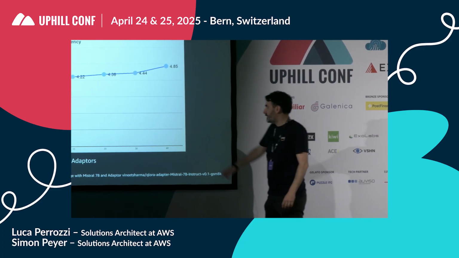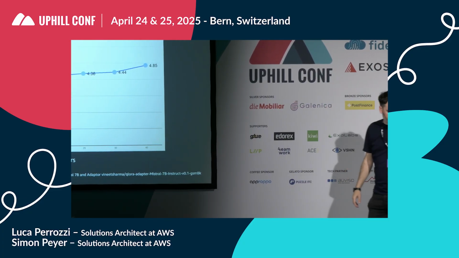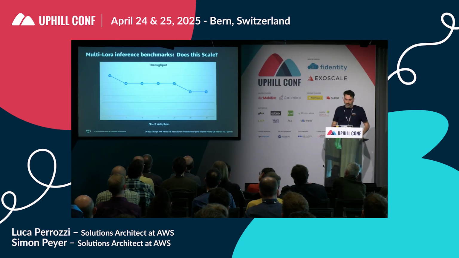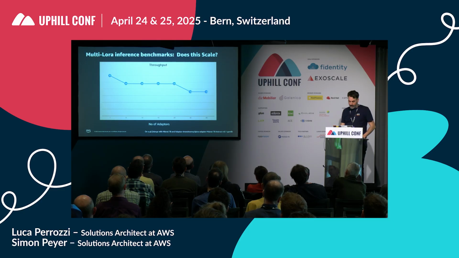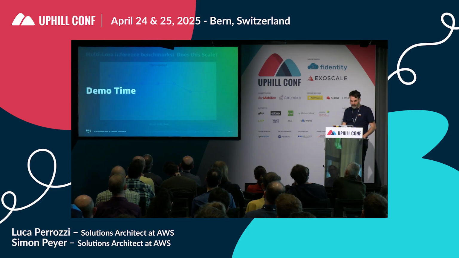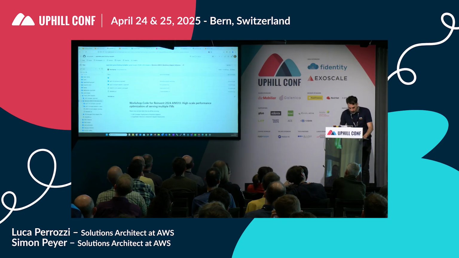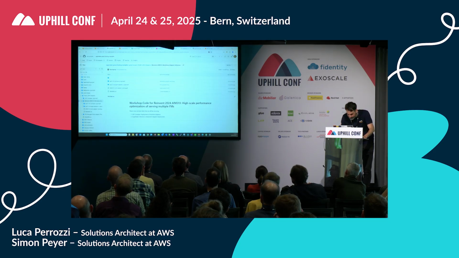And also the throughput, tokens per second, decreases a little bit, but it's still very, very efficient, so that you can load a lot of these adapters and still get very high throughput. Now, I have a demo, and I want to show you what we do.